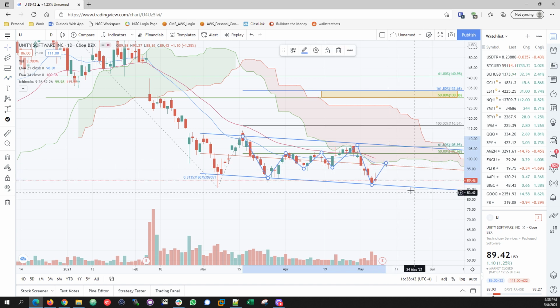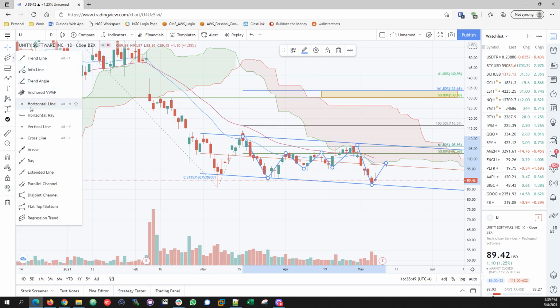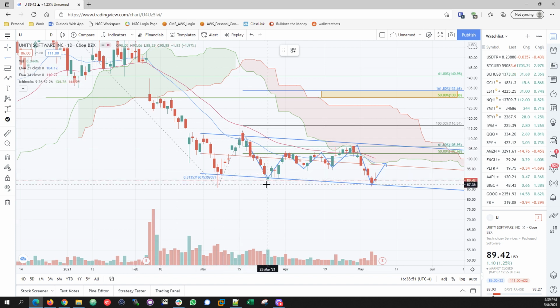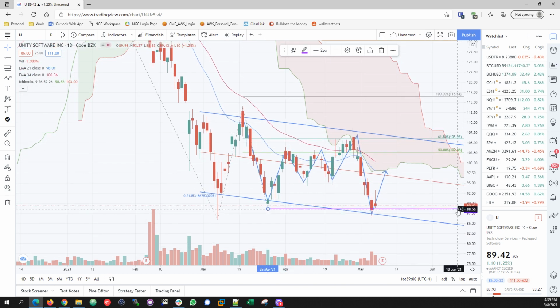So this would be an area that, if I'm swing trading this one, I would aim for 98, and I would hold my stop loss right around $88.63. Very tight stop loss, and aim for the cloud top or the midline of this regression, which is about 96 to 98.